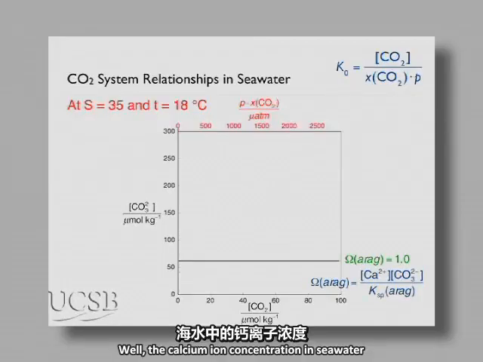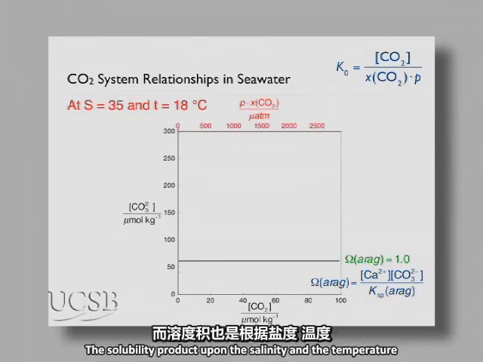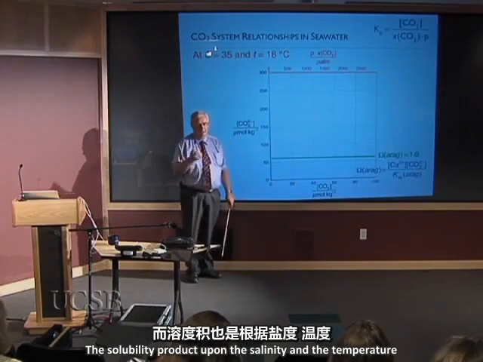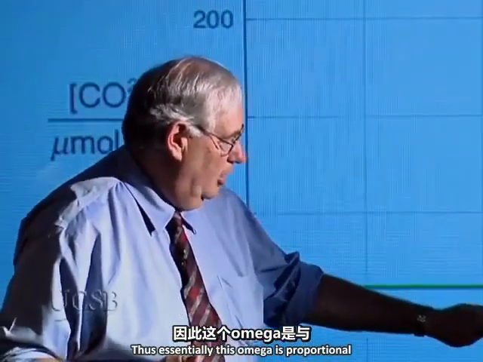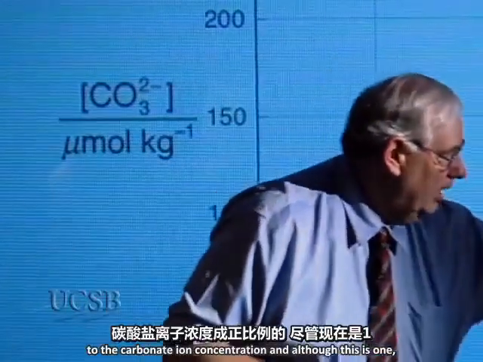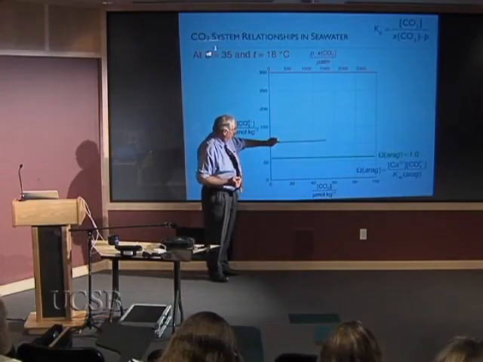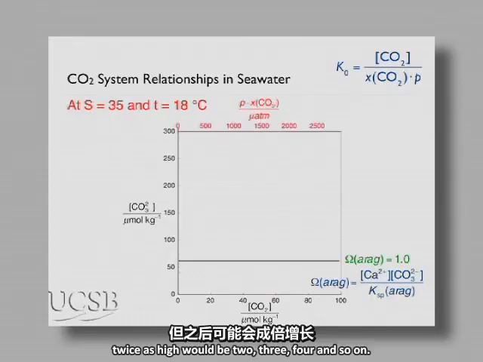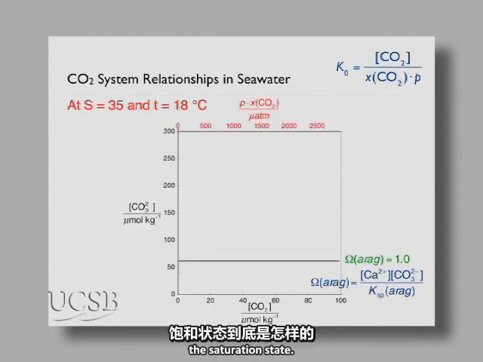Well, the calcium ion concentration in seawater essentially depends upon the salinity. The solubility product upon the salinity and the temperature and the pressure. Thus, essentially, this omega is proportional to the carbonate ion concentration, and although this is 1, twice as high would be 2, 3, 4, so on. So this, you can imagine the position at which you know the saturation state.